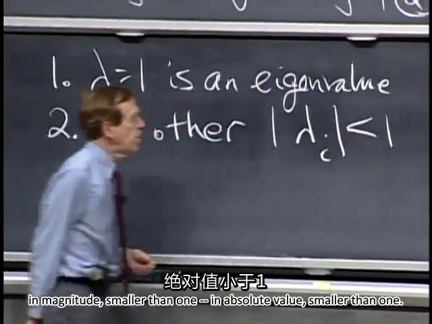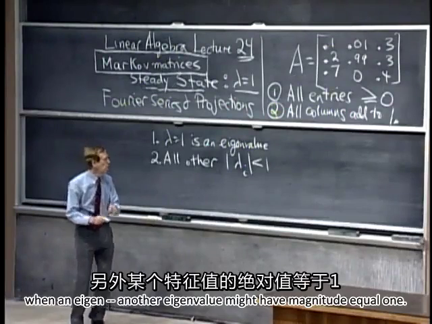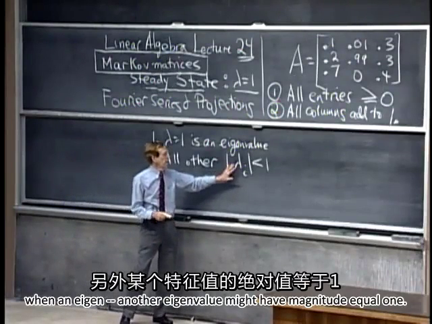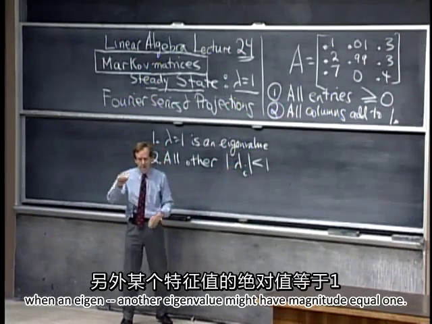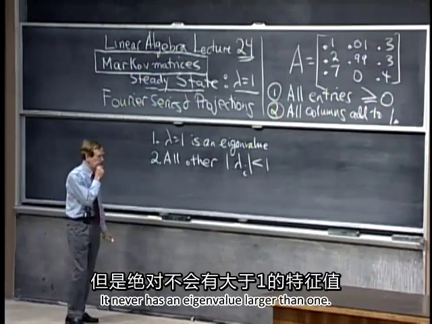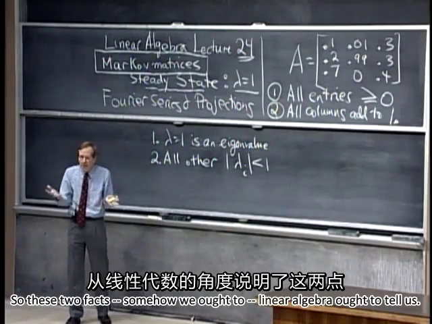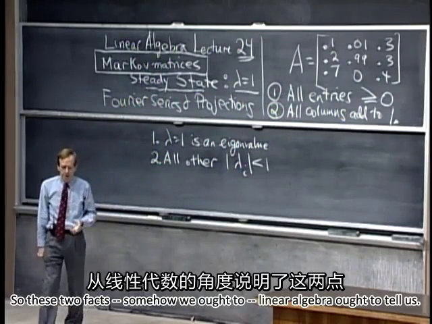In absolute value, smaller than 1. Well, there could be some exceptional case when another eigenvalue might have magnitude equal to 1. It never has an eigenvalue larger than 1.